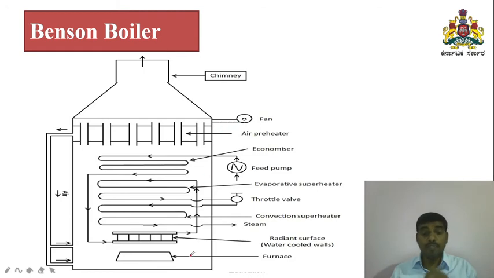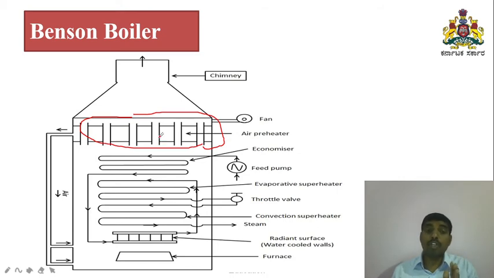Here air is required for the combustion process. For that purpose we are using an air preheater. See, this is the air preheater. In the air preheater we have a fan, and the fan supplies air to the preheater. The preheater will receive heat from the flue gases moving upward.